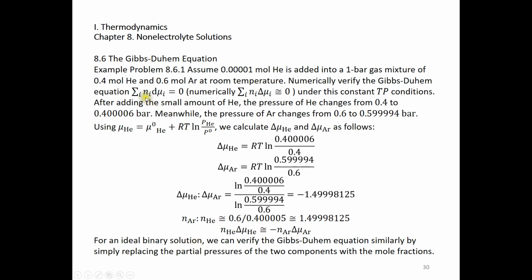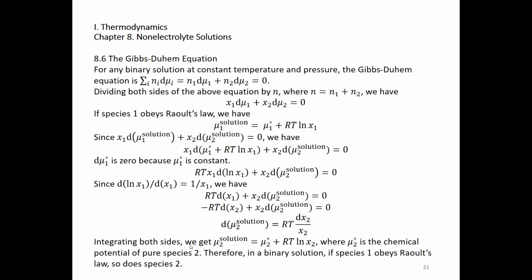So we have this Gibbs-Duhem equation, originally derived for ideal solutions, but you can use the same equation for both the gas phase and binary solutions. For any binary solution at constant temperature and pressure, we can use the Gibbs-Duhem equation over here.